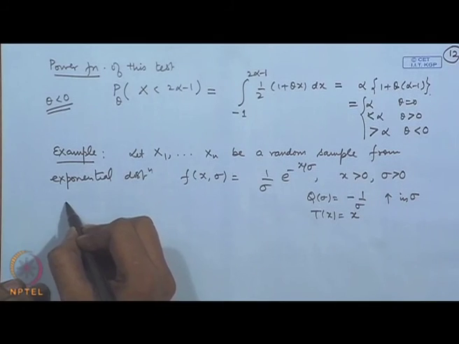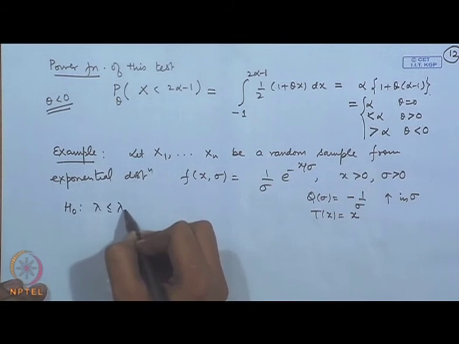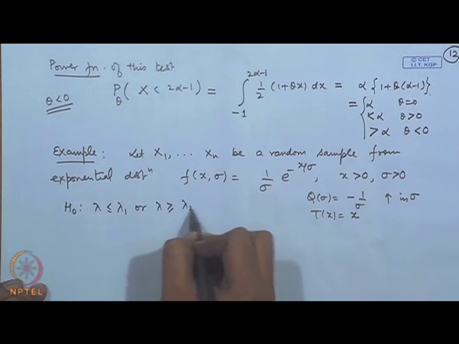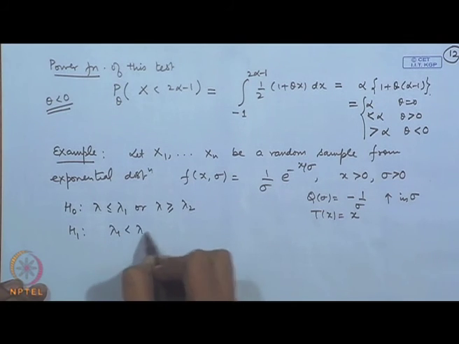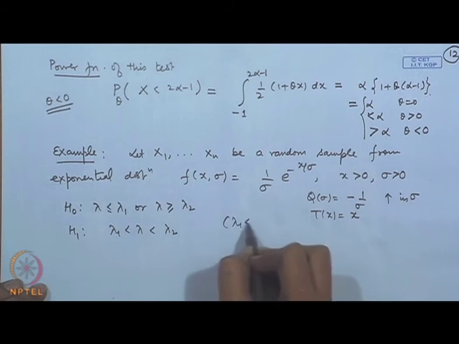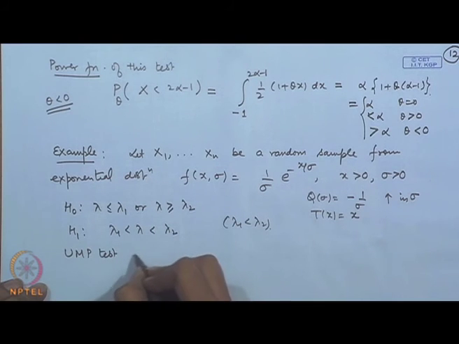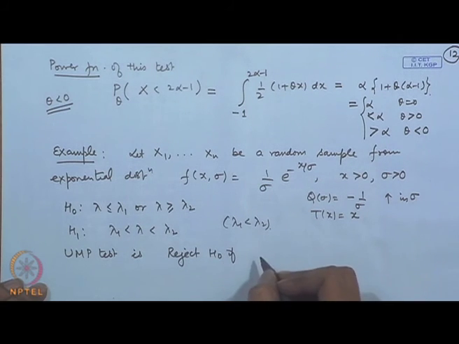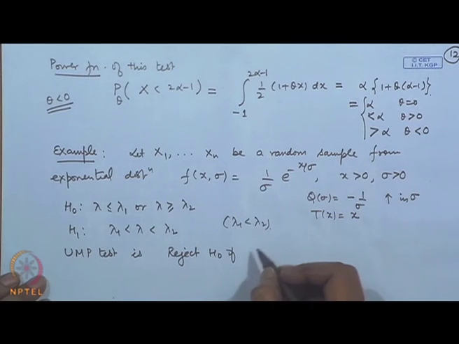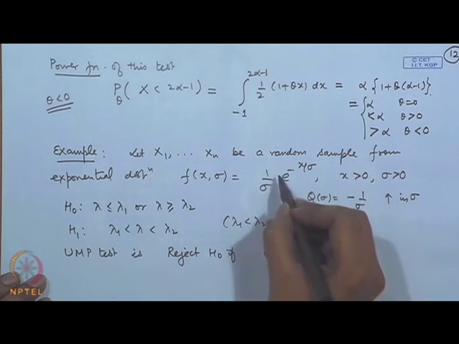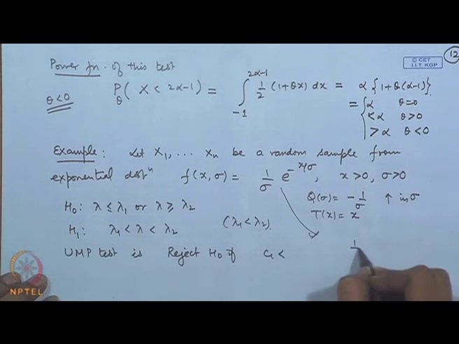UMP test. So, if I consider say H naught: lambda less than or equal to lambda 1 or lambda greater than or equal to lambda 2, against lambda 1 less than lambda less than lambda 2, where lambda 1 is less than lambda 2, the UMP test is: reject H naught if C1 is less than sigma x_i less than C2. Now, when I write down the distribution of n of these observations, it will become 1 by sigma to the power n e to the power minus sigma x_i by sigma.